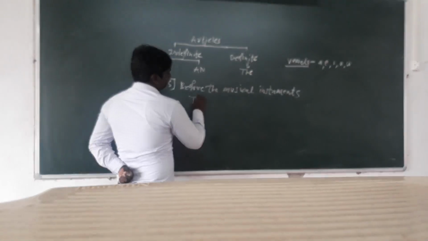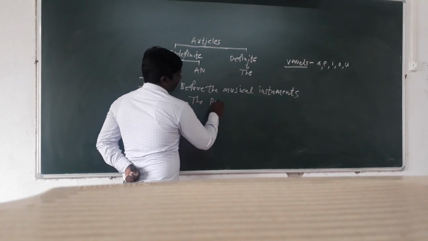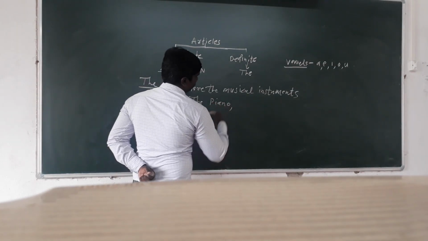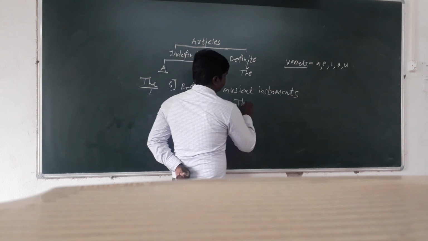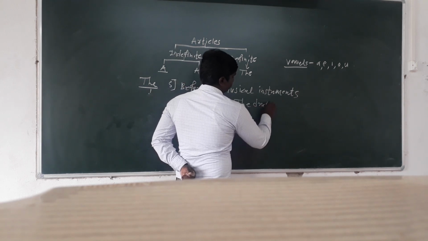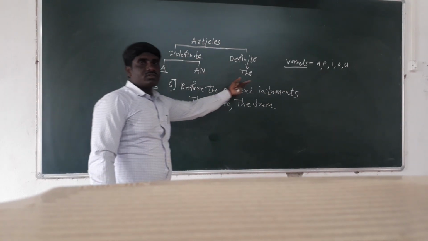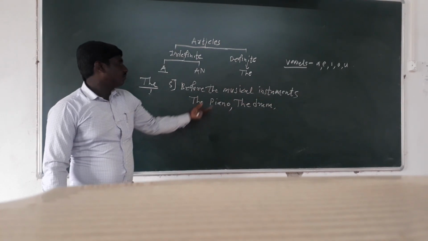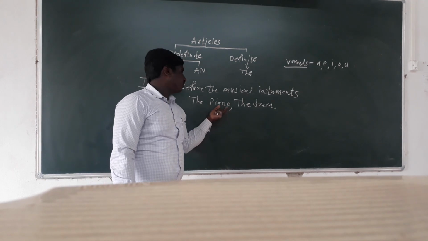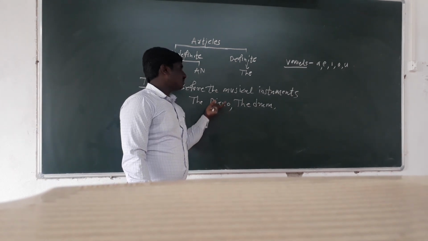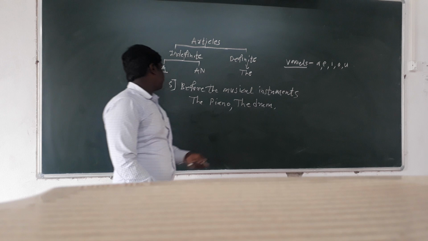For example, the piano, the drum. These are the names of musical instruments. So, before the musical instruments, we can use the article.